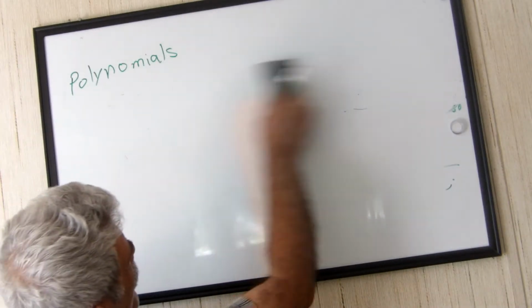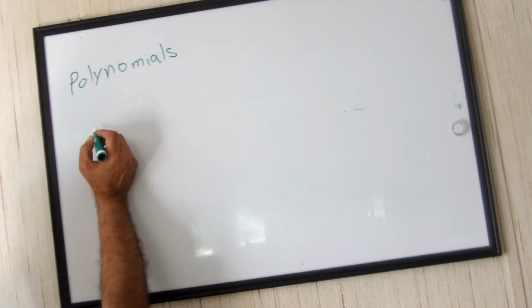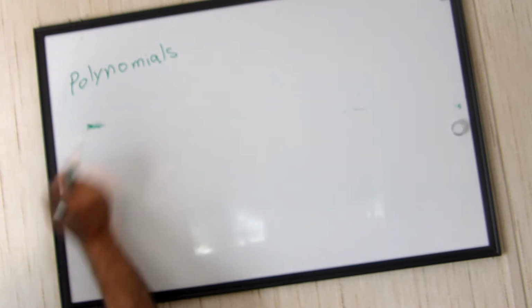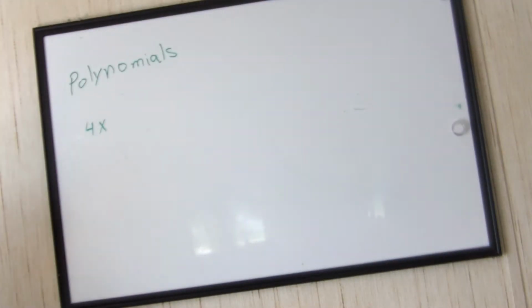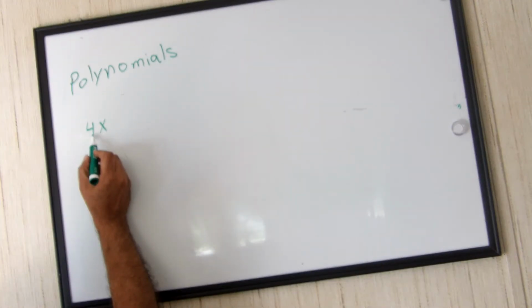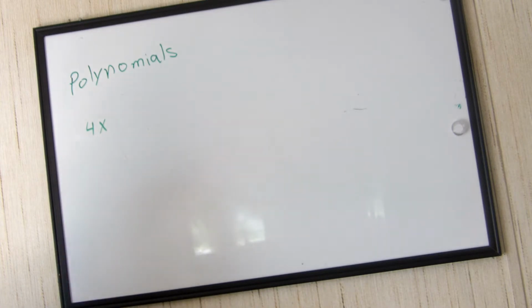Let's get to the polynomial. Say that we have a monomial, like 4x, for example. It has a coefficient, a number, and then we have a variable. The variable could be x or anything.